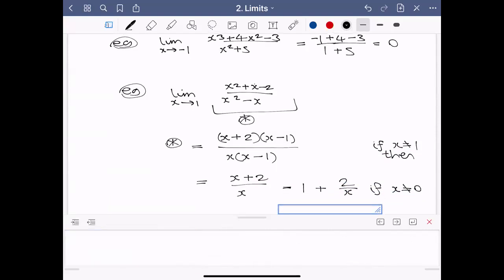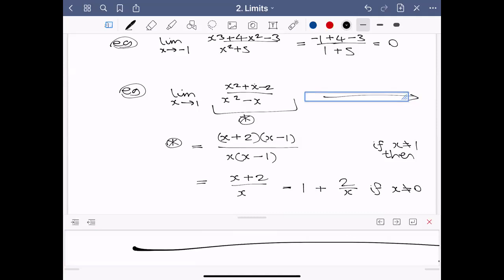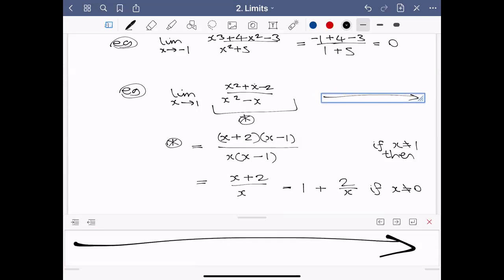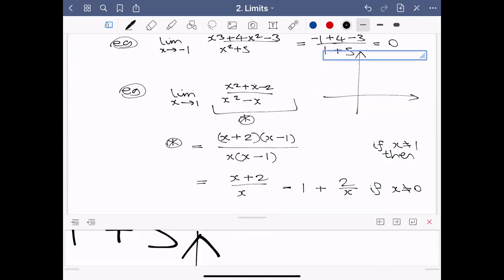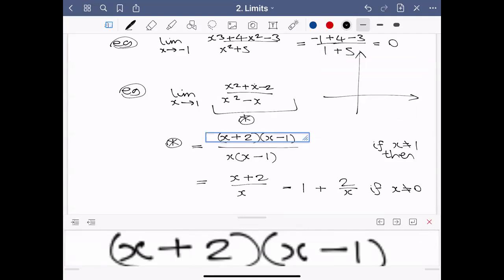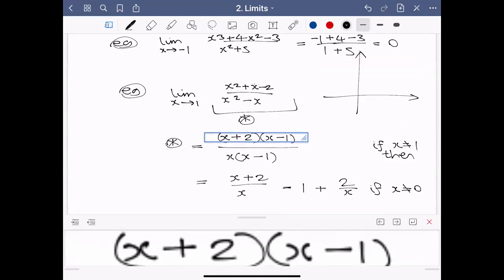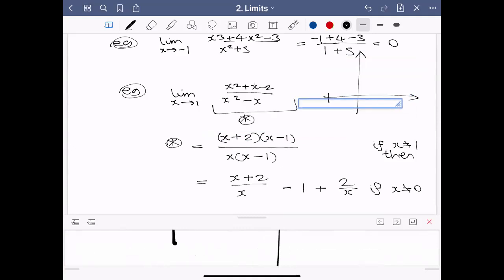So we can now see the domain of this function. I'm going to do the graph up here. So what are x-intercepts? Well, from here, x-intercepts are minus 2. Minus 2 is an x-intercept.